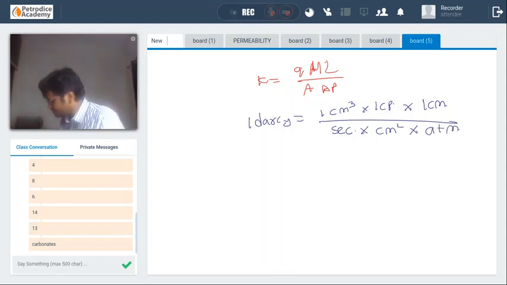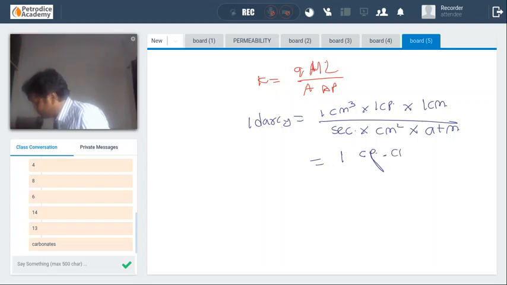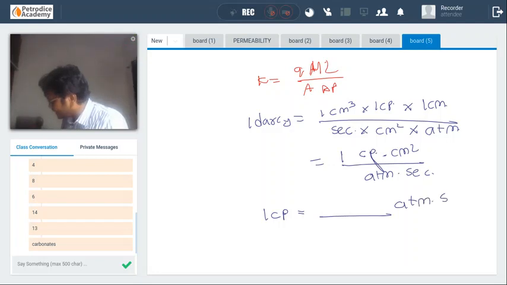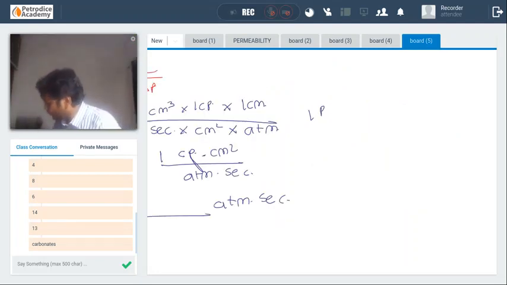If you can see here, the final one we are getting is 1 centipoise into centimeter square divided by atmosphere second. We just need to convert 1 centipoise into atmosphere second. See guys, 1 poise is 1 dyne second per centimeter square.